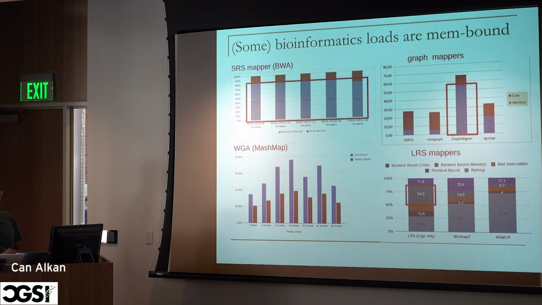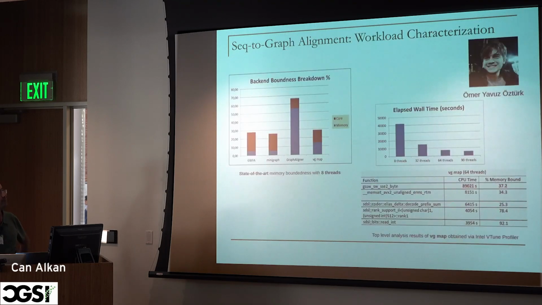Among graph mappers, GraphAligner was the worst, almost 60% memory bound. We also looked at minimap2, which was not that bad. It was more core bound than memory bound, where core is the CPU. And we also looked at some long read sequence mappers, and among those, LRA was the most memory bound compared to the others.